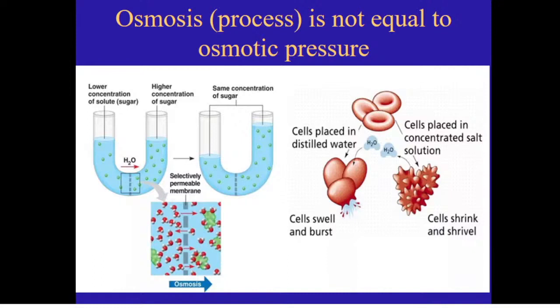Osmotic pressure is a hydrostatic pressure that can be caused by all salt particles. So if we have electrolyte particles, they also participate in osmotic pressure. If we have particles of molecules of proteins, they also participate in the formation of this osmotic pressure.